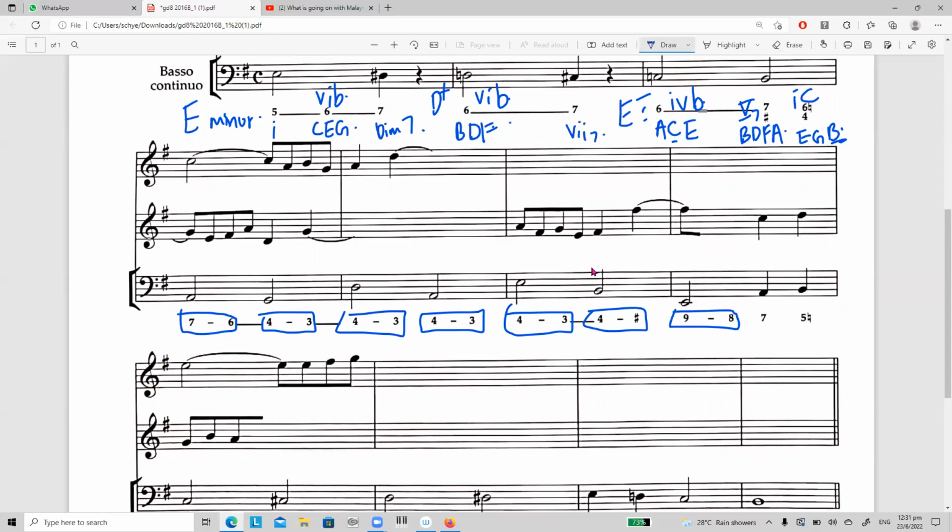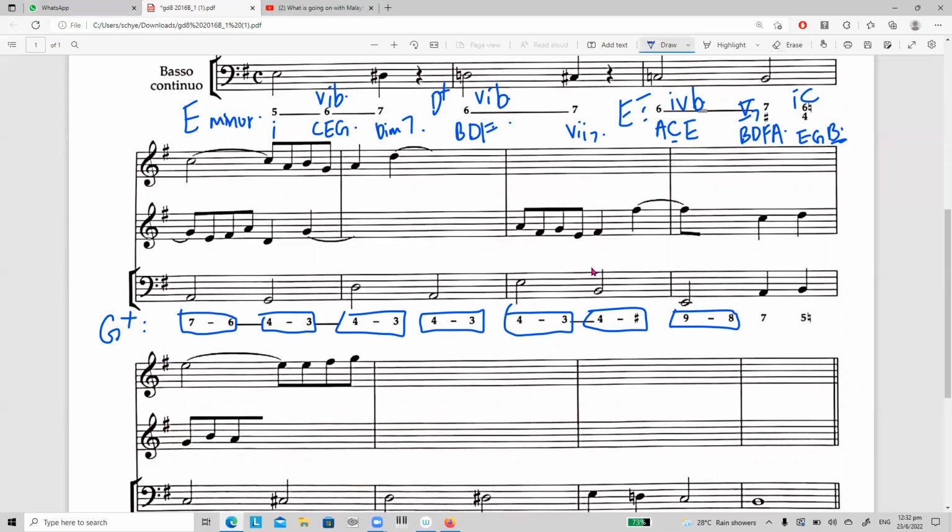So don't look at the suspension first. Whenever you have suspension, you circle it, and remind yourself that the numbers in the suspension do not belong to the harmony. If you don't see any other number here, that means all these chords are root position chords. So this is a G major here.